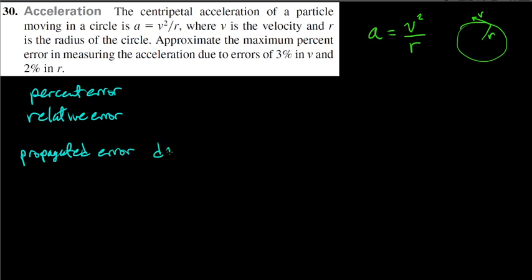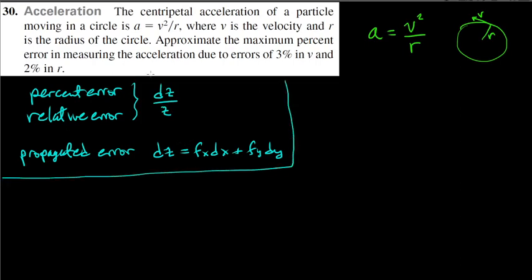The propagated error is just the dz, which in terms of x and y, if you have a function of x and y, is just the usual differential. But the percent error is dz divided by the original function z. All right, so here, because they're talking about percent errors, we're going to use this.